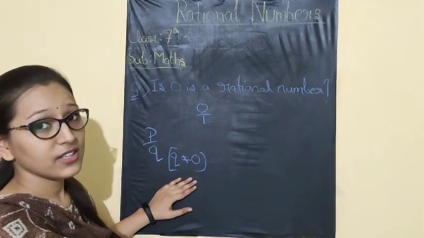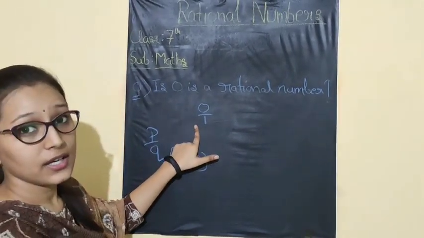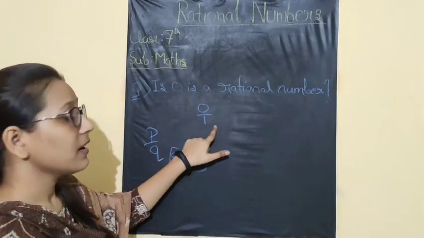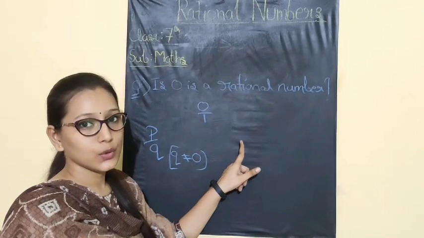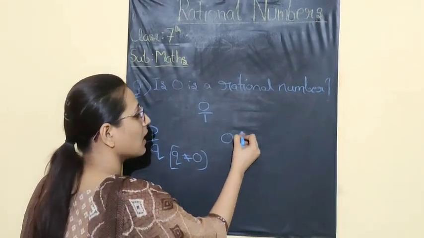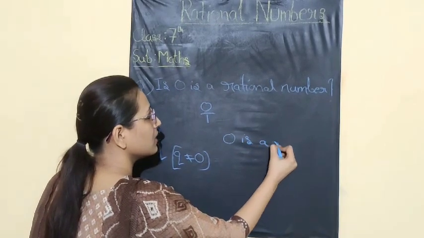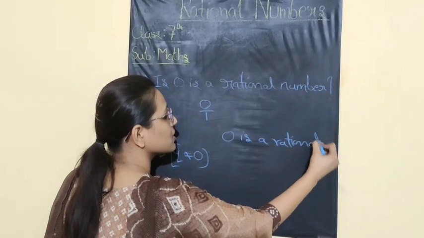So this definition is applied on it: 0 and 1, both of these are integers and 1 is not equal to 0. This means that 0 is a rational number.